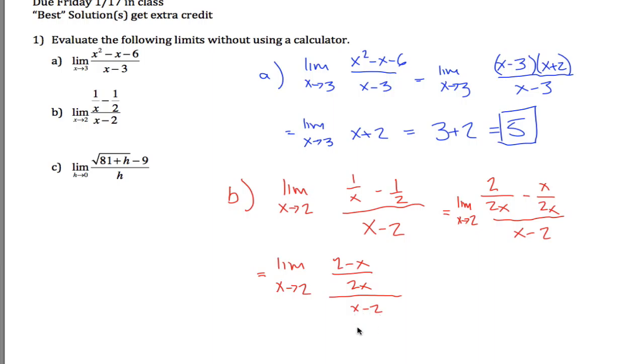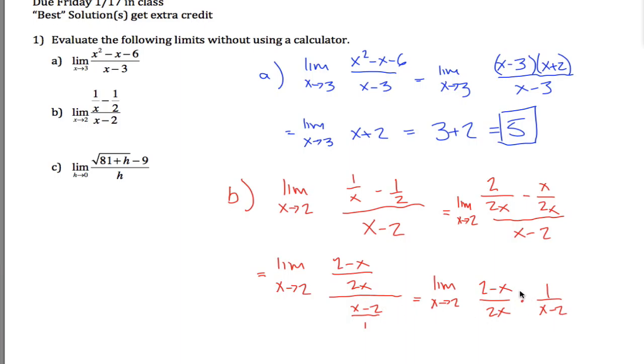You still might not be able to see how you can cancel out this x minus 2. Turns out you'll cancel it out with part of this 2 minus x here. I think the easiest way to see it is to change this so we don't have this fraction inside a fraction business. And the way you can do that is if you view this x minus 2 as x minus 2 over 1, I can say this is the limit as x approaches 2 of 2 minus x over 2x times 1 over x minus 2.